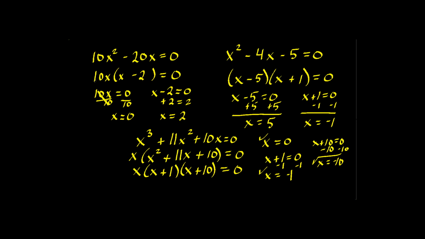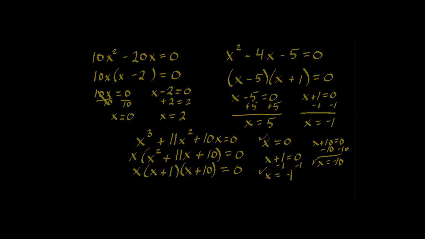Now I'm going to show you what these look like on a graph. So I'm going to show you how the solutions to polynomial equations correspond to their graphs. Any real solutions will be the x-intercepts on the graph. But it's helpful to know that we need a y and an x in order to graph these.